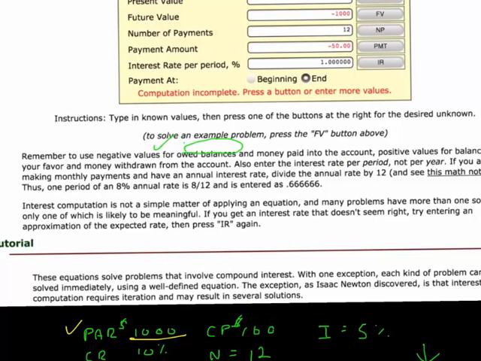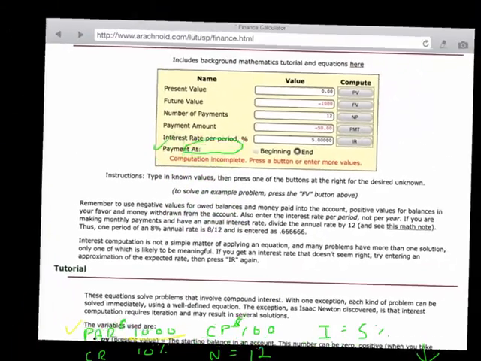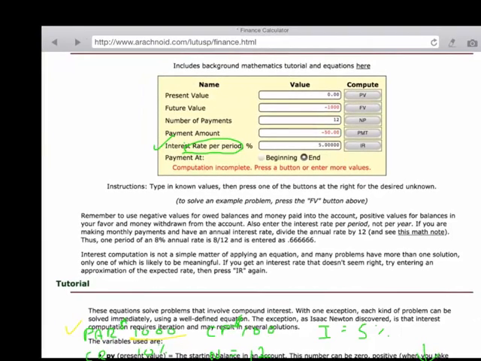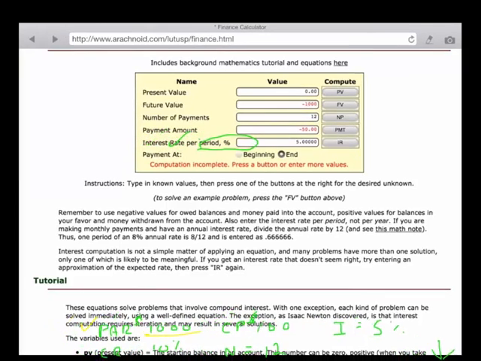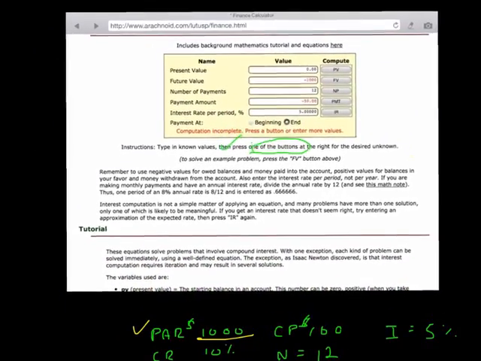And then our interest rate has changed. It's now 5%, not the coupon rate. We just want the interest rate.